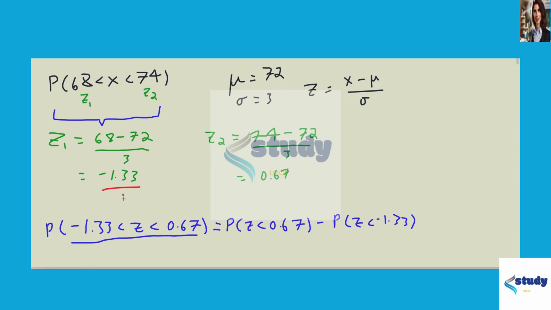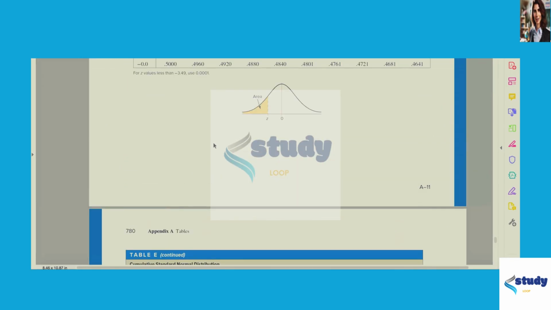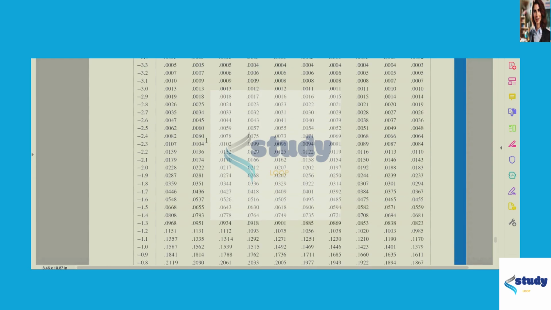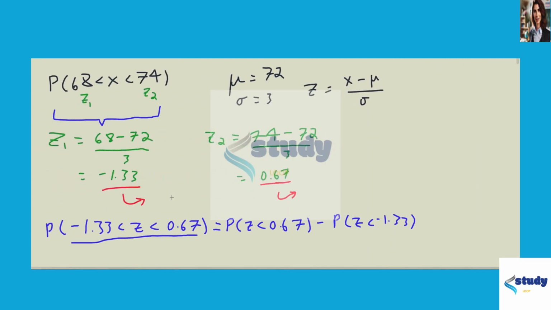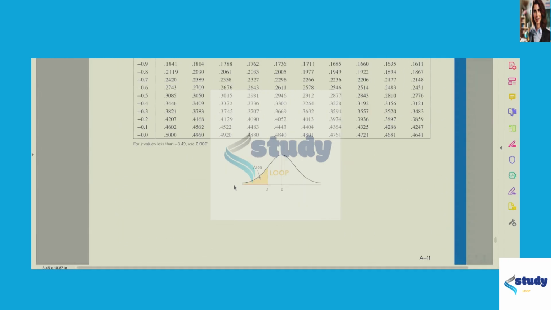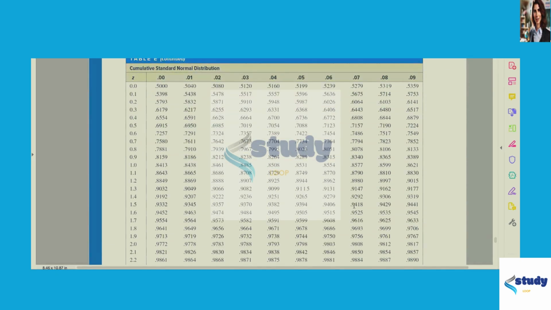So now what we're going to have to do is find the corresponding probabilities to these z-score values. So negative 1.33, if you look at our z table, find negative 1.33, we get 0.0918. And for 0.67, we get 0.7486.